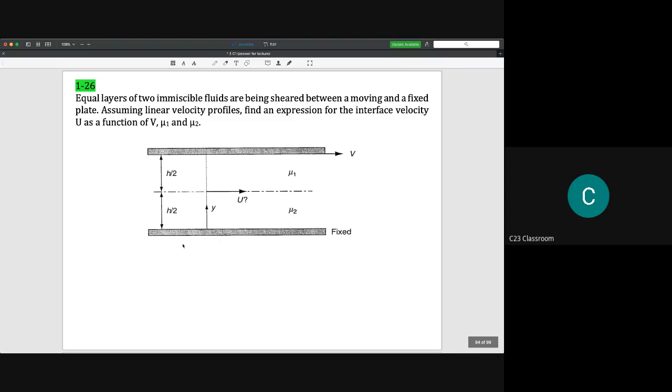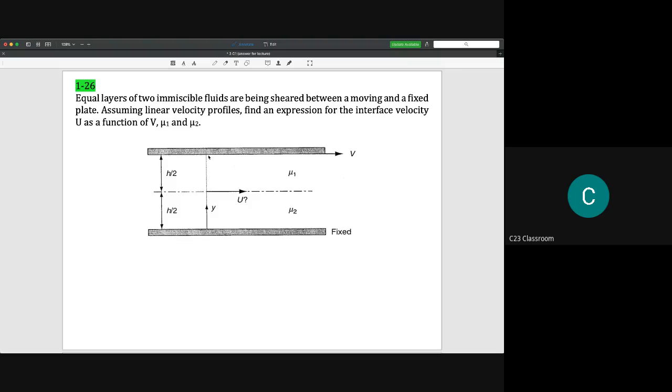And then for question 1.26, for example, we have two equal layers of two immiscible fluids being sheared between a moving and a fixed plate. Assuming a linear velocity profile, find an expression for the interface velocity u as a function of V, mu1 and mu2.